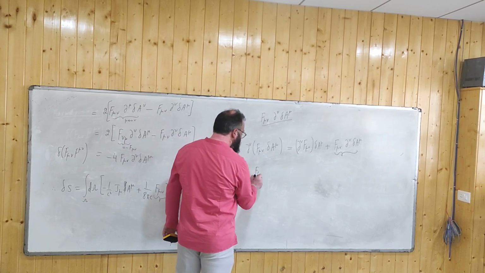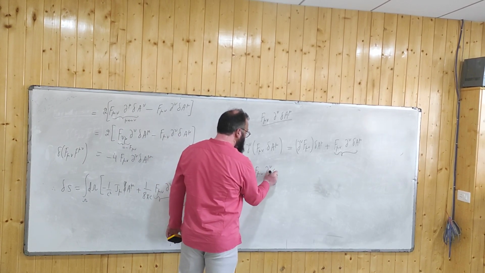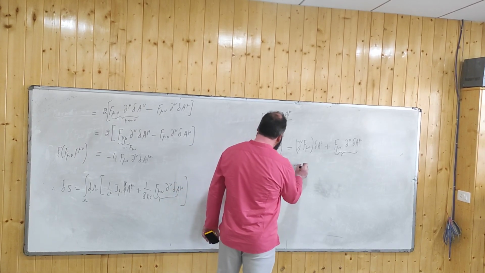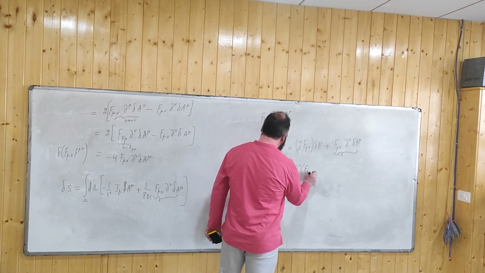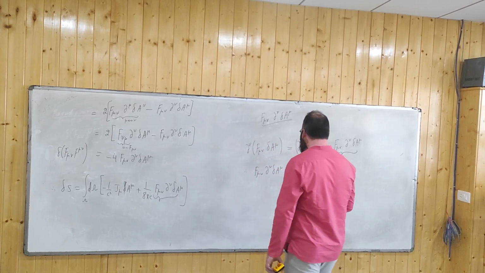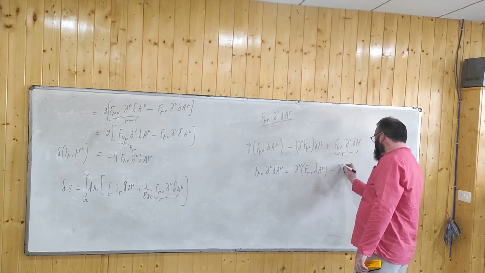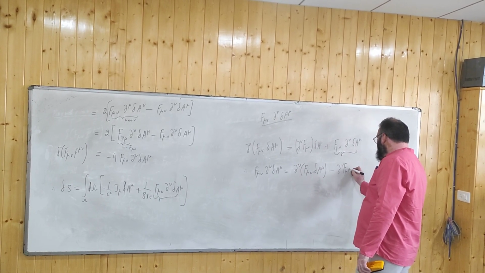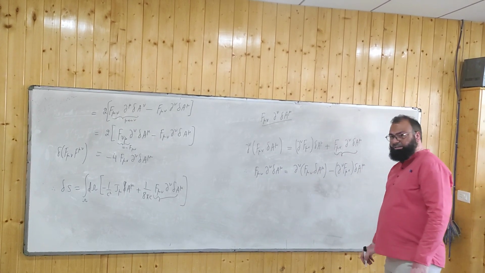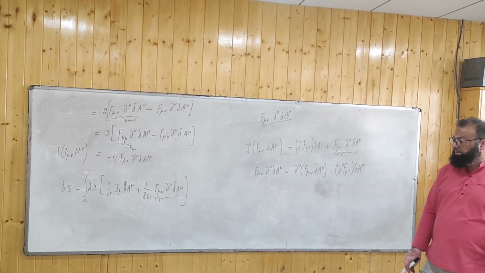Therefore, F^{μν} ∂_ν δA_μ is equal to the total derivative ∂_ν (F^{μν} δA_μ) minus ∂_ν F^{μν} δA_μ. Clear till this point?